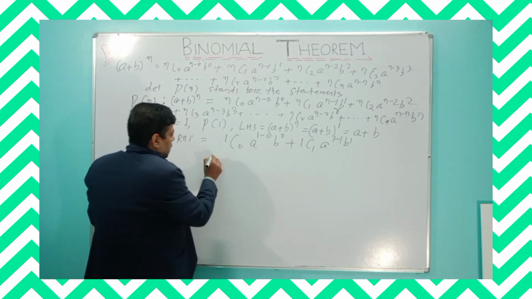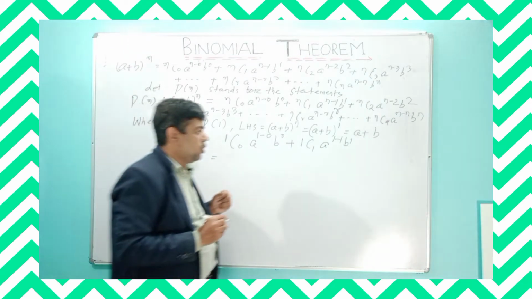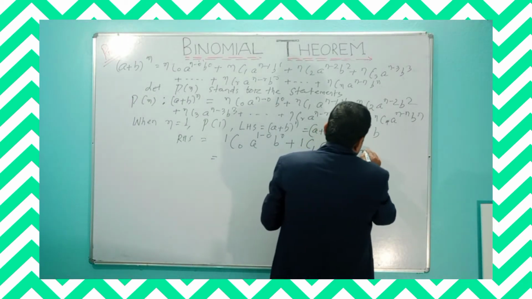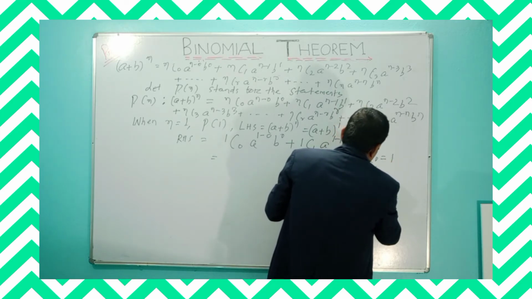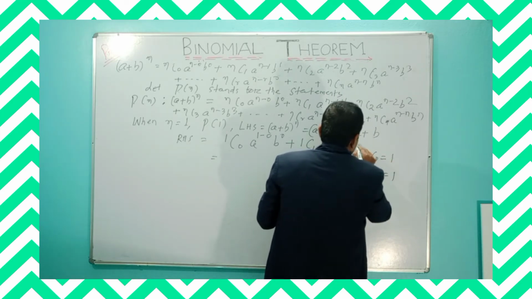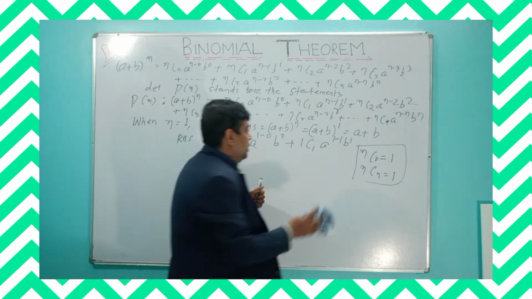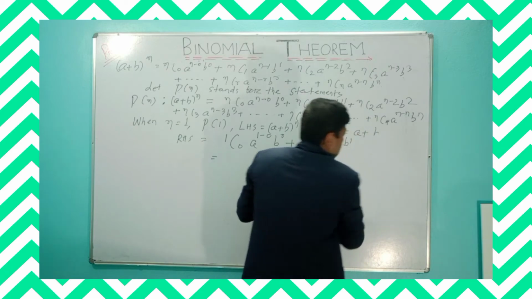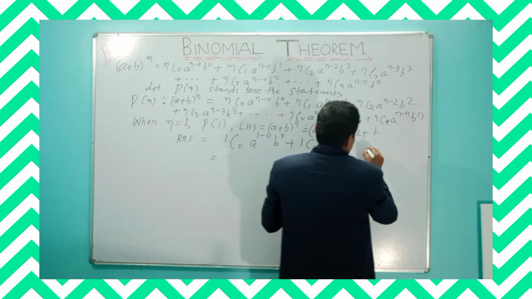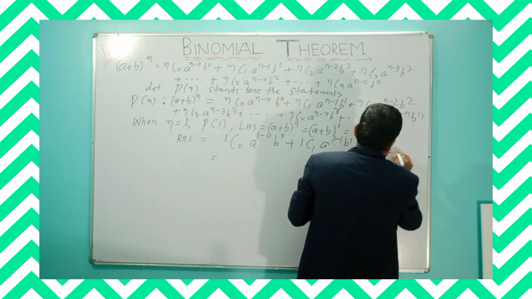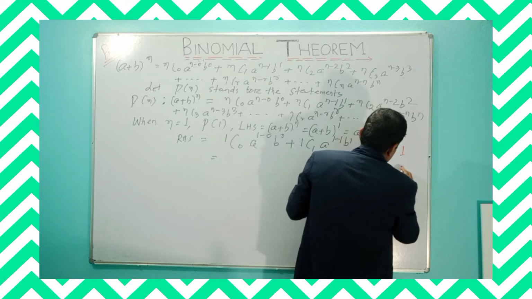Understand? So again you see 1C0, and one of the important combination formulas you know: nC0 is always 1 and nCn is always 1. What is the formula once again? nC0 is equal to 1, and nCn is also equal to 1.